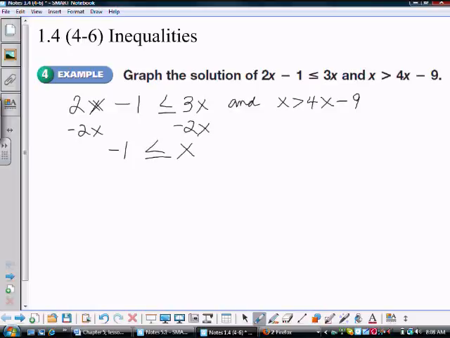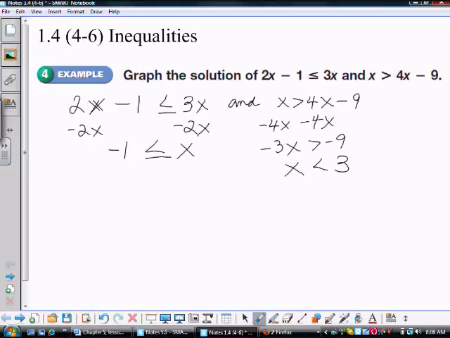I will subtract 4x from both sides and get negative 3x is greater than negative 9. Divide by negative 3, and change the direction: x is less than 3.